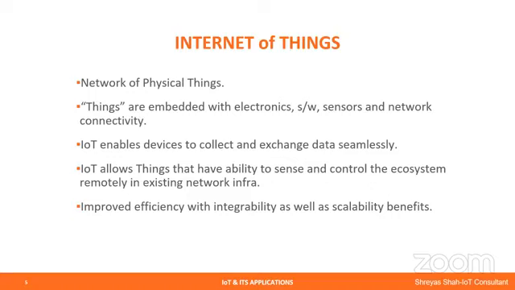The basic definition of IoT is: IoT is a network of physical objects, that is physical things, which can be vehicles, appliances, or any devices that are embedded with sensors, software, and network connectivity, so they can collect, exchange, and act on data, often without any human intervention.